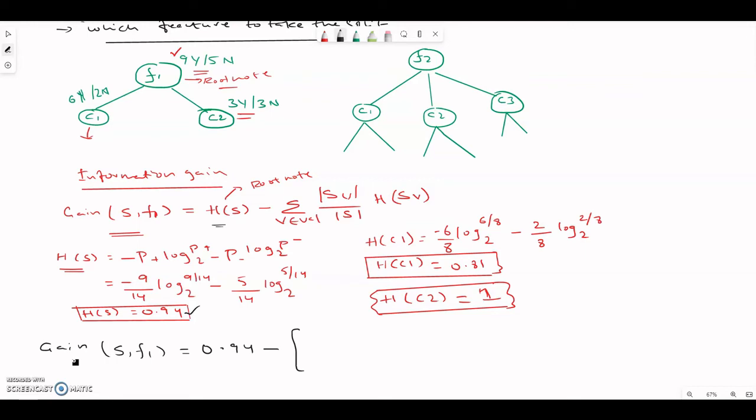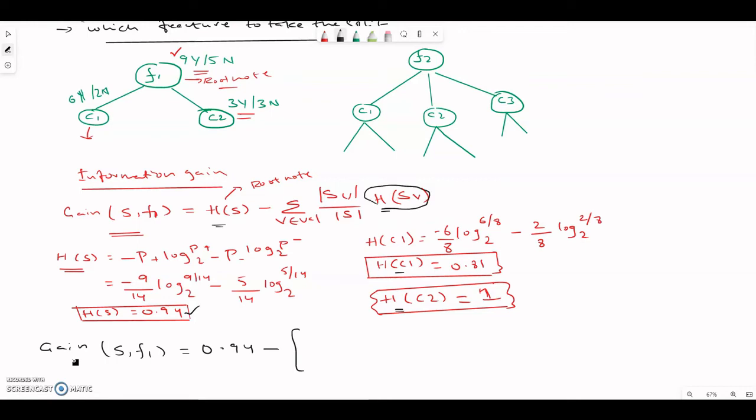Here we have the entropy for category 1 as well as the entropy for category 2. Let us concentrate on category 1 first.